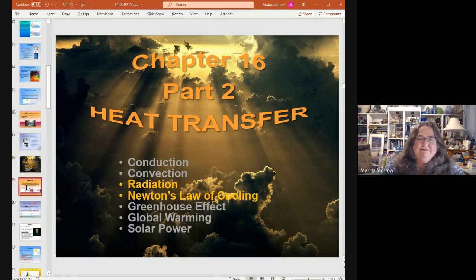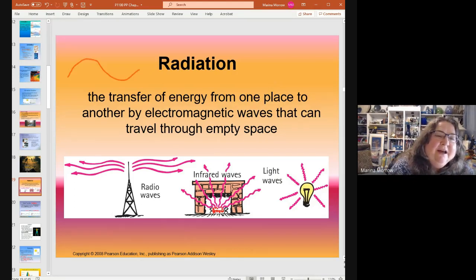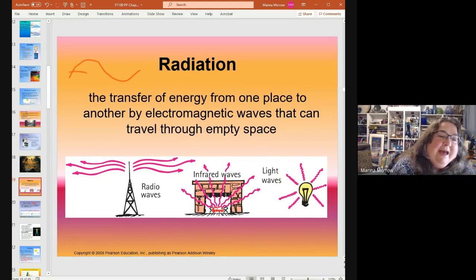So radiation is the transfer of energy from one place to another by electromagnetic waves. And electromagnetic waves are like ordinary light. That is an electromagnetic wave. It is a wave made up of electric fields, and it also has magnetic fields that go along at the same time.